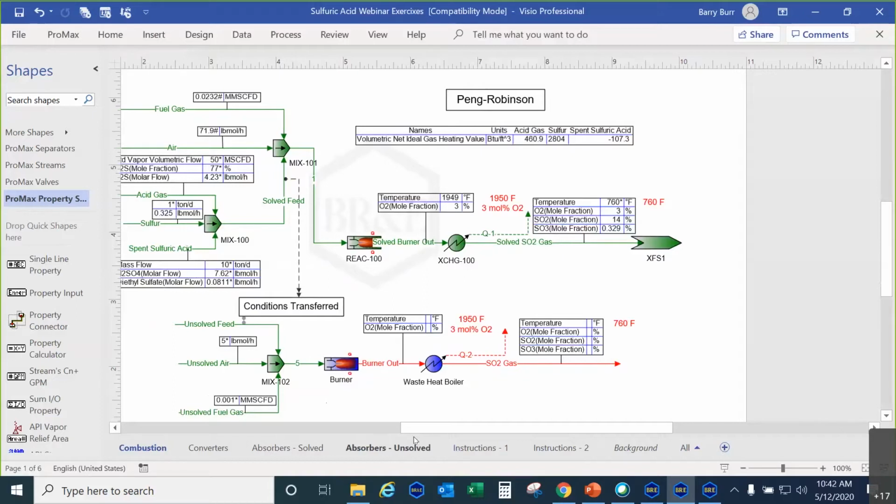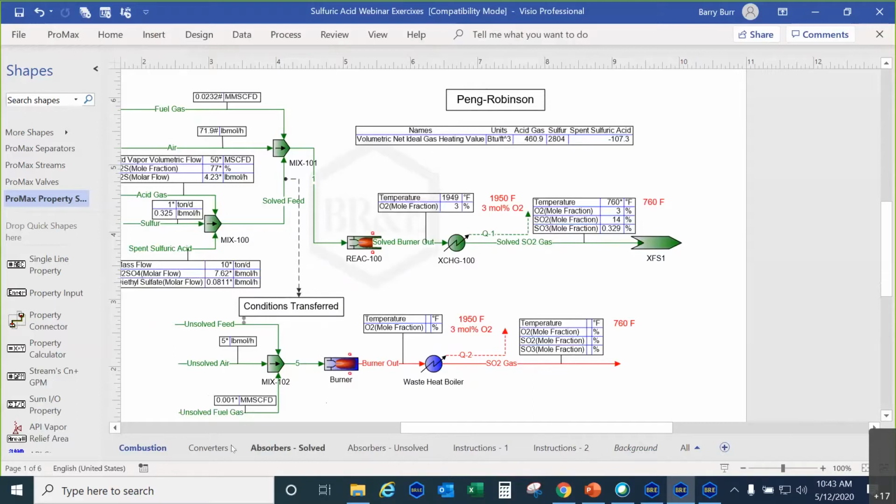So this exercise file with the unsolved sections is something you're going to be able to obtain, and you could open this and go through these very same exercises.